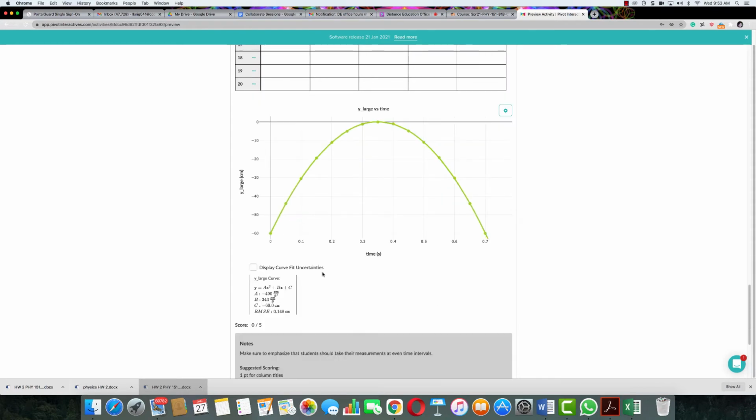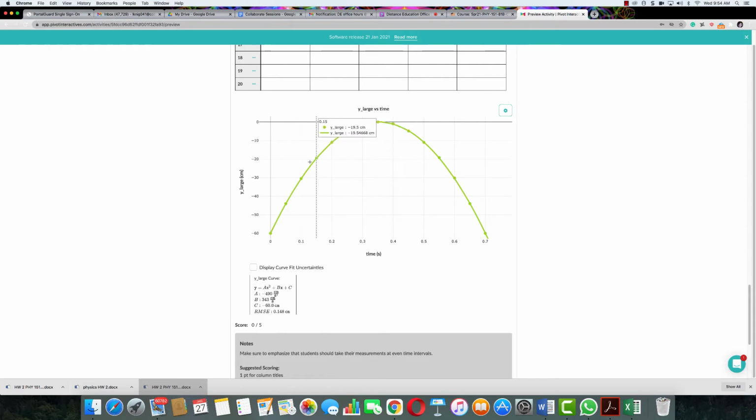And I'm going to see that this formula is the same as our kinematics equation that says x equals 1/2 a t squared plus v_i t plus some constant. A is 1/2 of our acceleration. So if I want to know what the acceleration is, it's twice A.